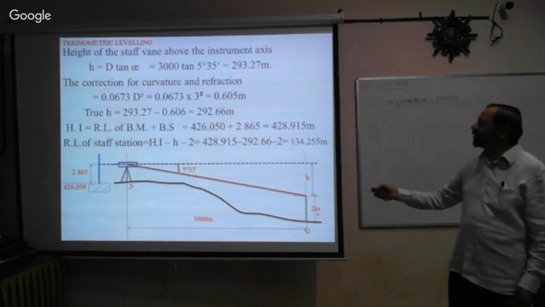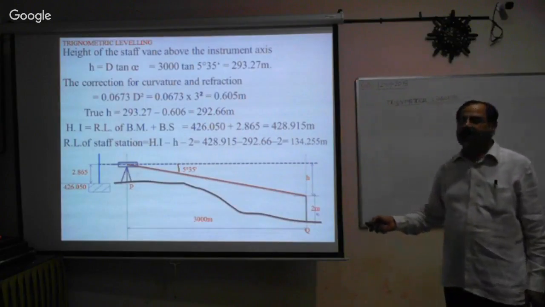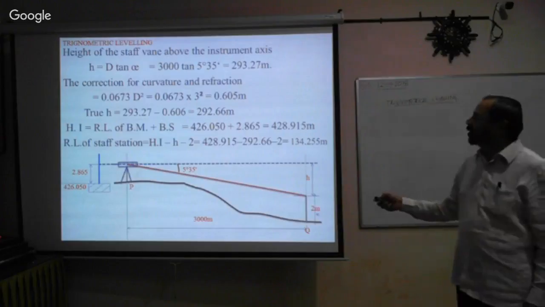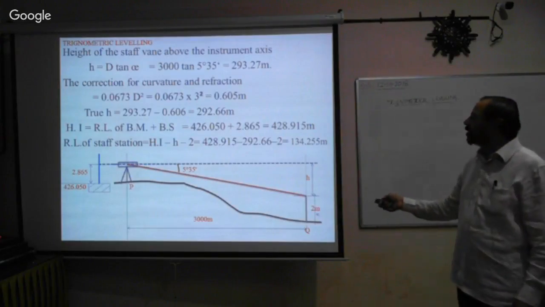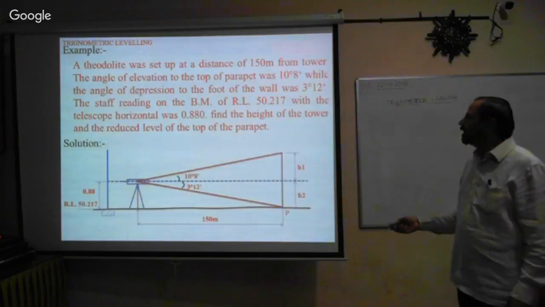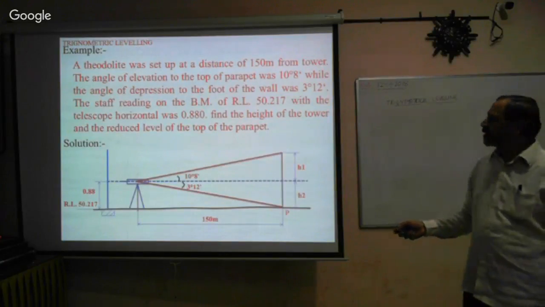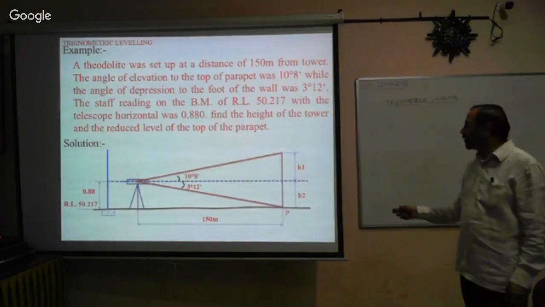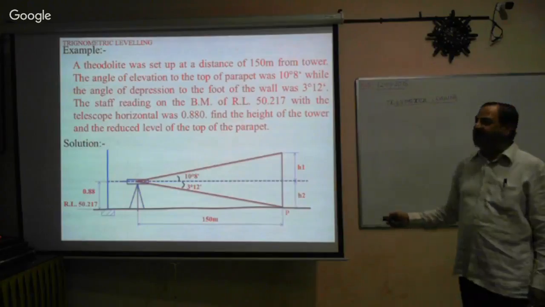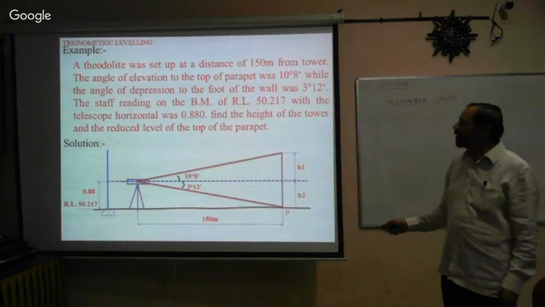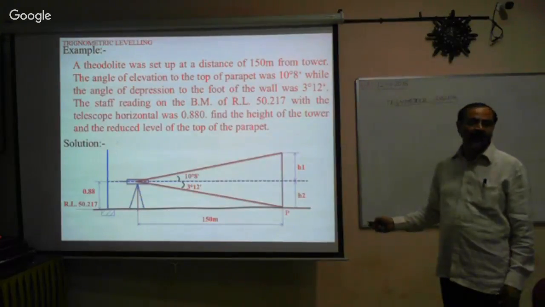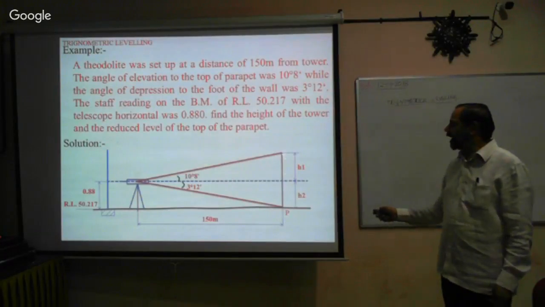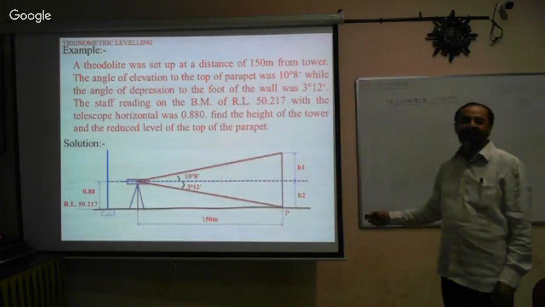And the solution for that problem is by applying the correction of curvature and refraction, isn't it? Similarly, one more example is to calculate the height of the object. It is a simple problem. See, in this problem, we only calculate the height of the object.